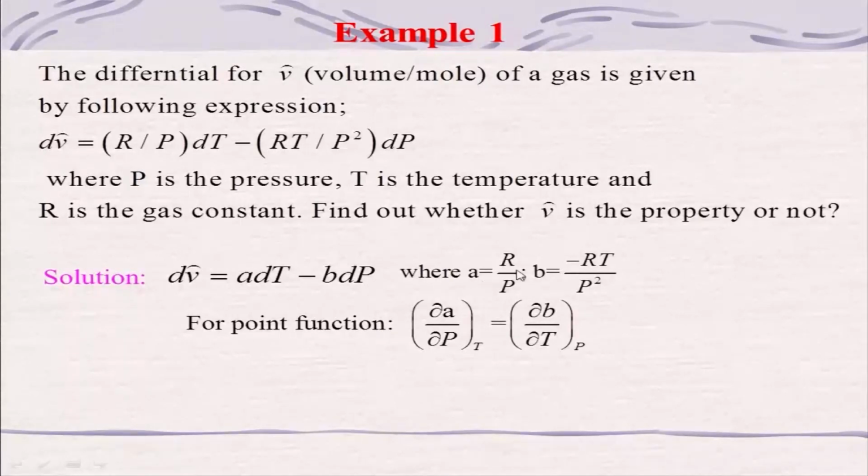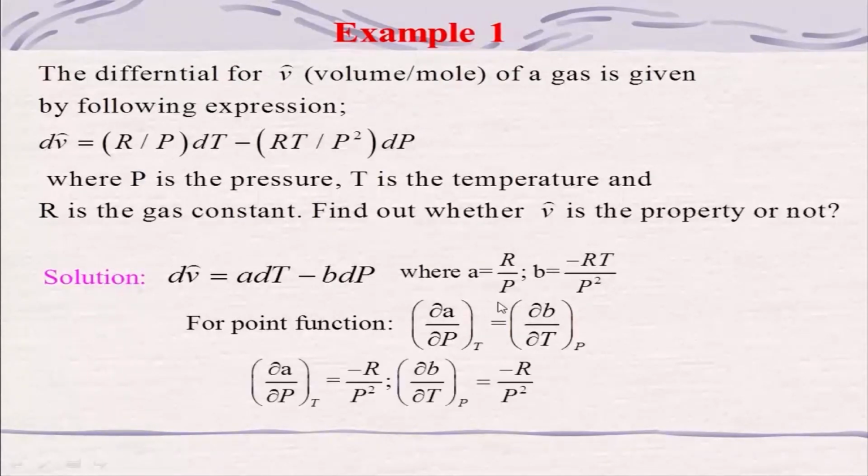We know A, so we differentiate with respect to P. It will be −R/P². When we differentiate the B term, ∂B/∂T at constant P is also −R/P². Therefore, this condition is satisfied, hence it is a property. By this, one can ascertain whether a variable is a property or not.